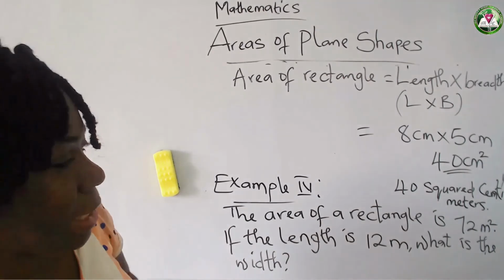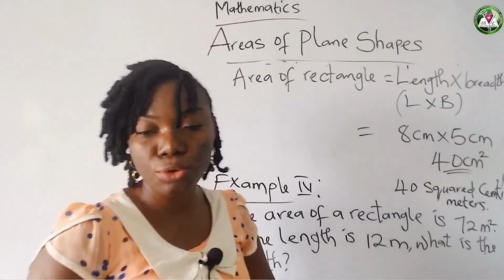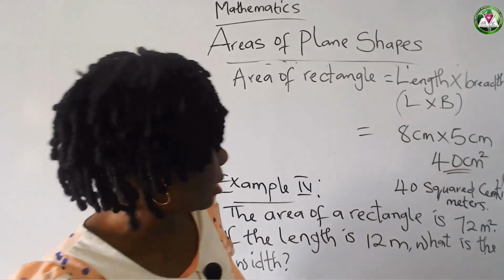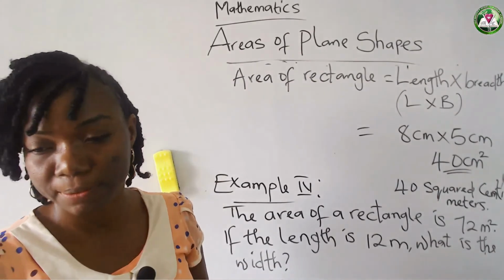The area of a rectangle is 72 meters squared. If the length is 12 meters, what is the width?